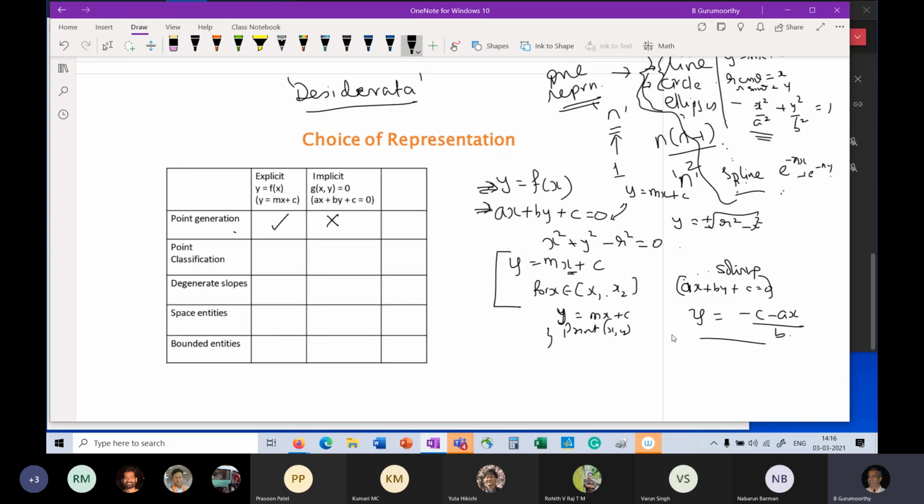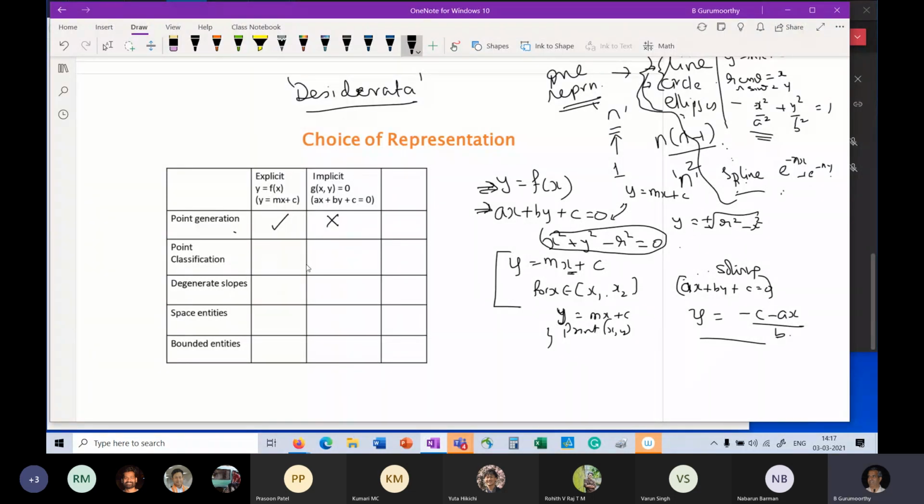Imagine the non-linear case for the circle. Not so straightforward, though most of you would have done this in high school, but still you have a lot of checks to do. Here itself, you have to make sure that b is not 0 before you can do this. In your program, you'll have to have a check that if b is not equal to 0, then do this, else do something else. So therefore, it's not a very good way to use this representation for doing point generation.